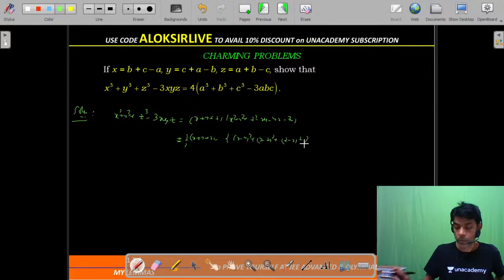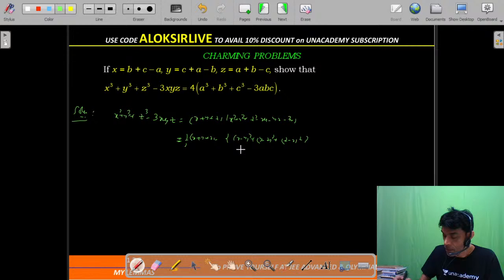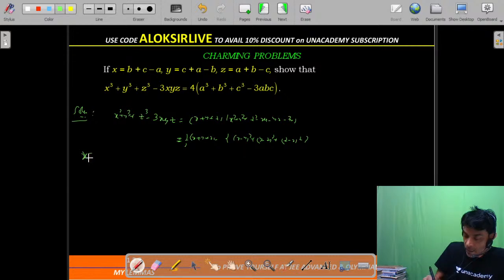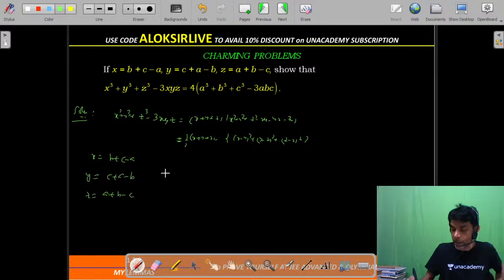This I can write, right? That sum of squares of differences. So this is a good form, sum of squares of differences. Here, once you write x as b plus c minus a, y is c plus a minus b, and z is a plus b minus c, just notice that these are all good numbers, x minus y.